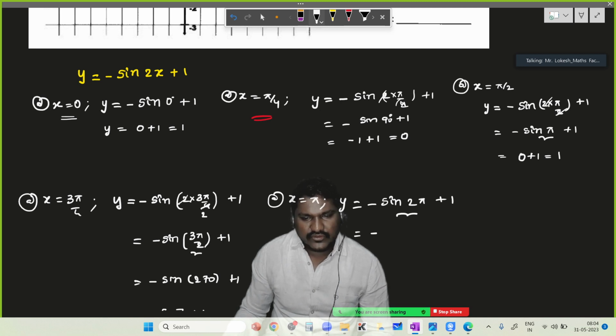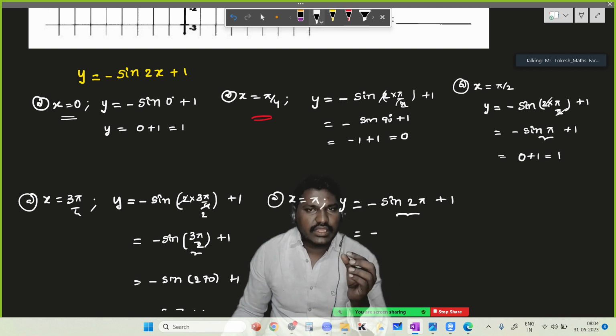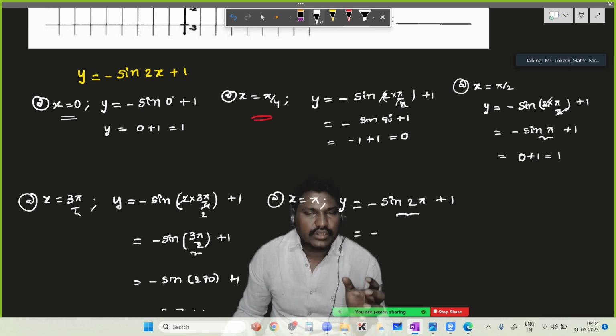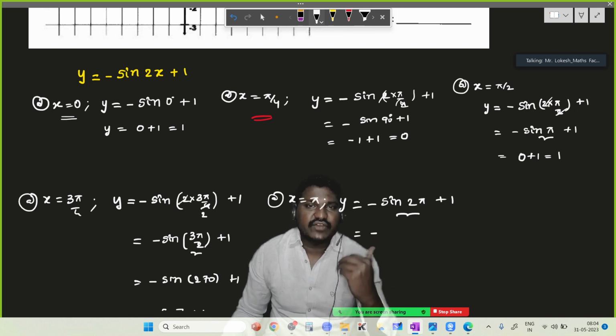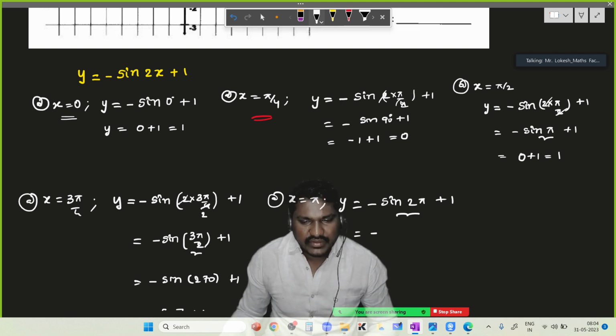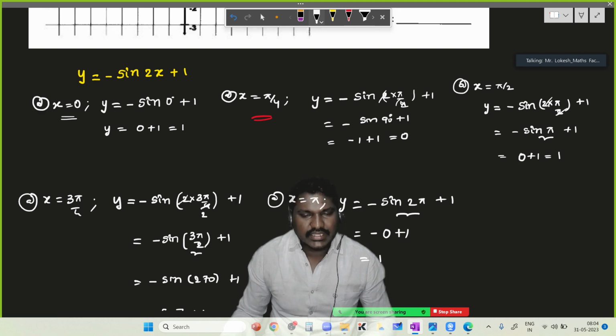And we know the value of sine 2 pi is 0, because sine 0, sine 180, sine 360, sine 540, sine 720, all the multiples of 180, are 0. So the sine 2 pi value is 0, plus 1, so that will become 1. So at x is equal to pi, the function value is 1.